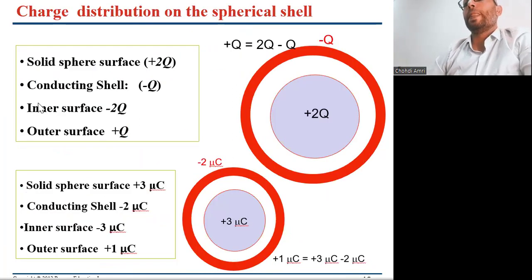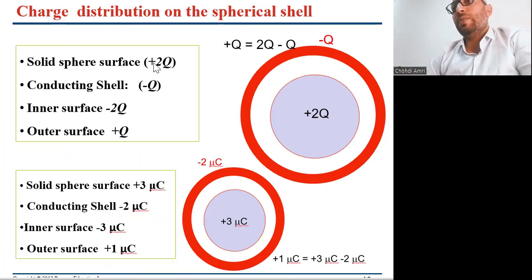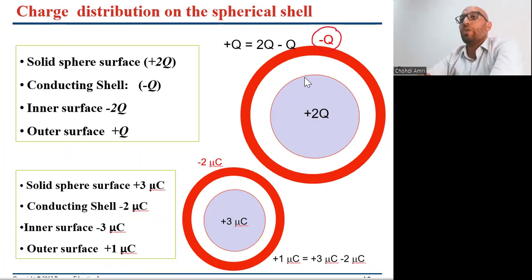We are done. Let's take two other examples. A solid sphere with plus 2Q, and a conducting shell with net charge minus Q. What will be the charge on the inner surface of the conducting shell here?